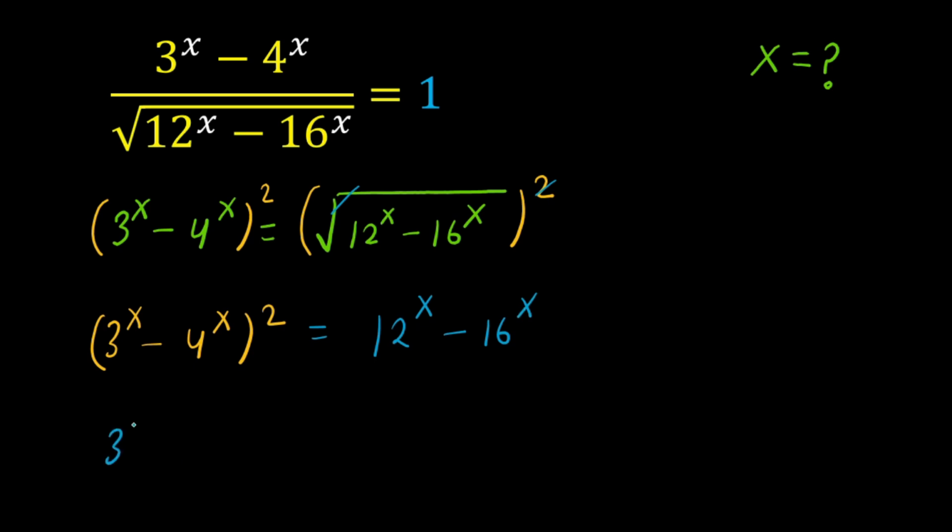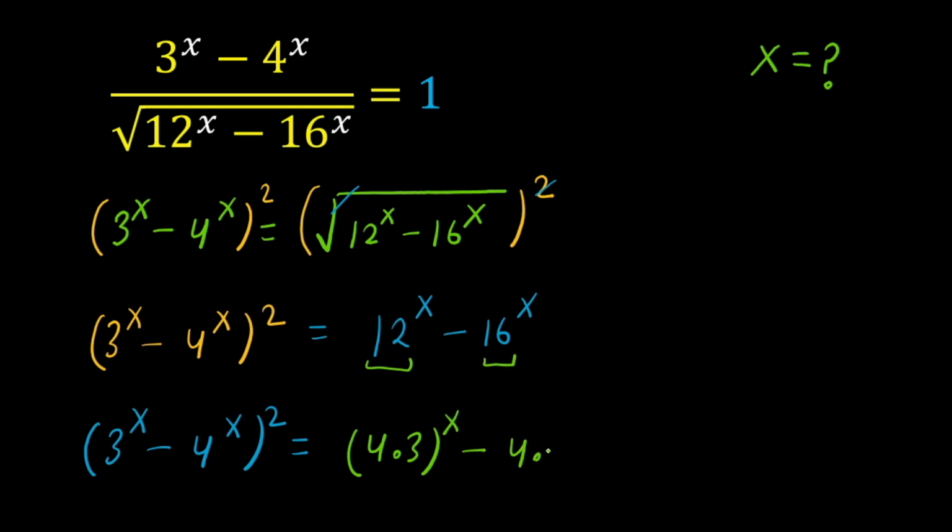On the left-hand side (3^x − 4^x)^2 equals, since 12 is the same as 4 times 3 to the power x, minus 16, which is the same as 4 times 4 to the power x. Now we know that (a times b)^m equals a^m times b^m.